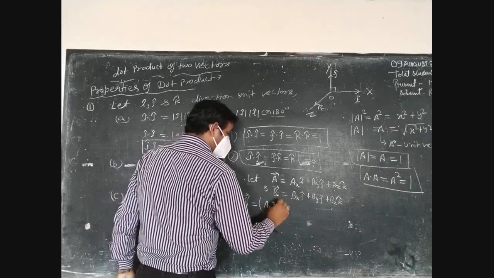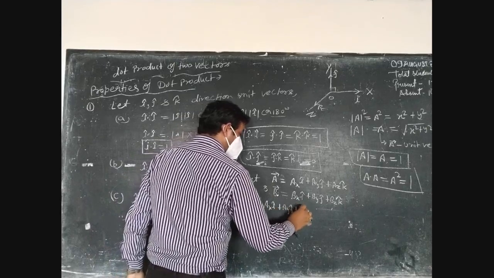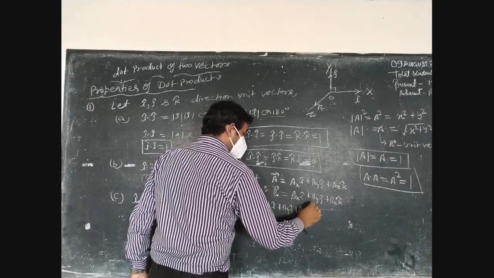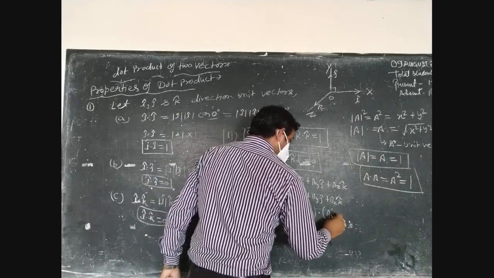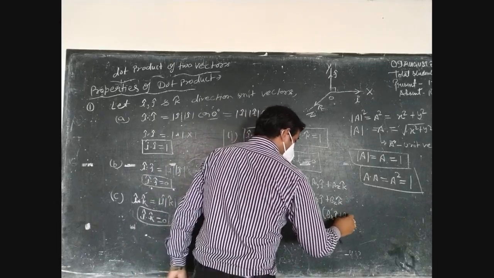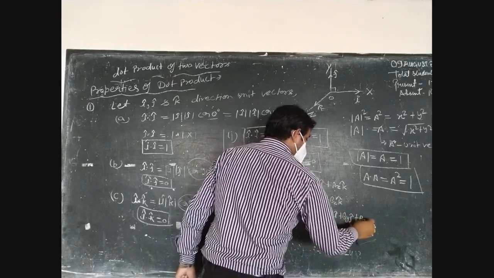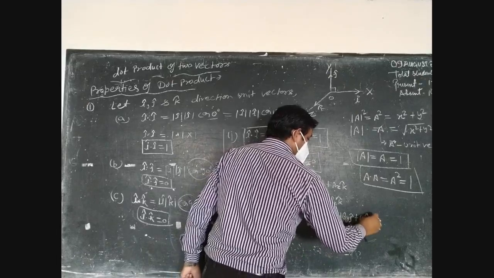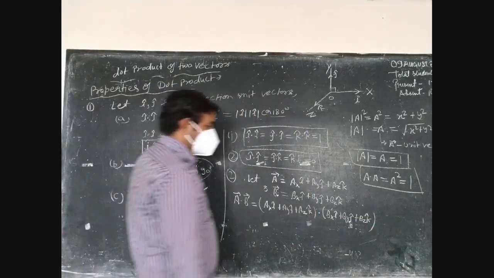ax i cap, ay j cap, az k cap dot bx i cap, by j cap and bz k cap. I will just explain it here.